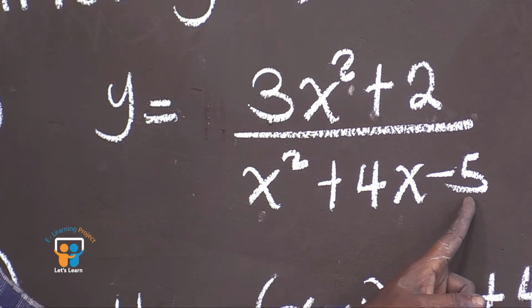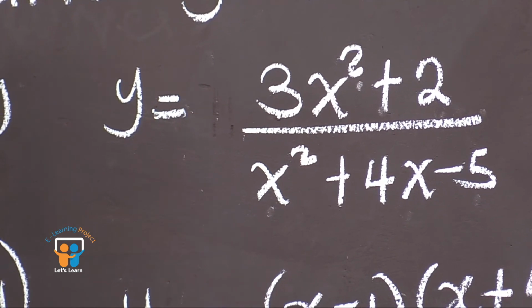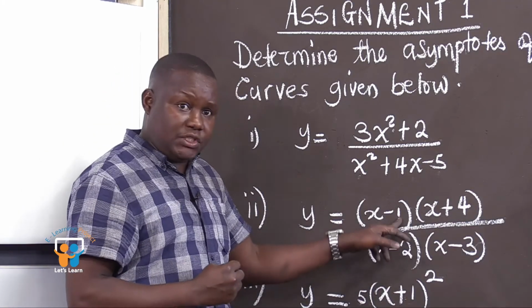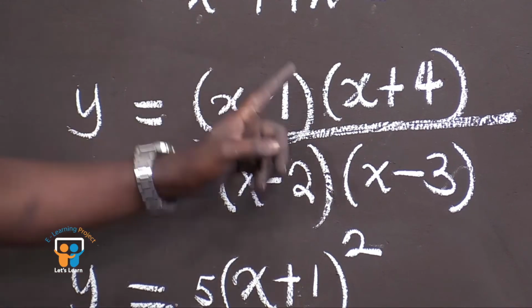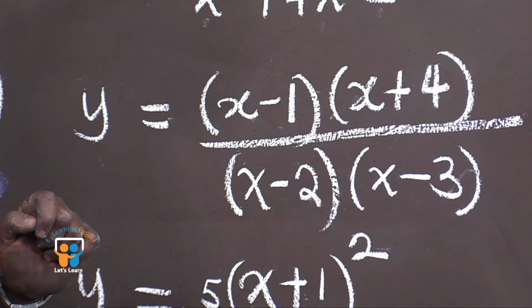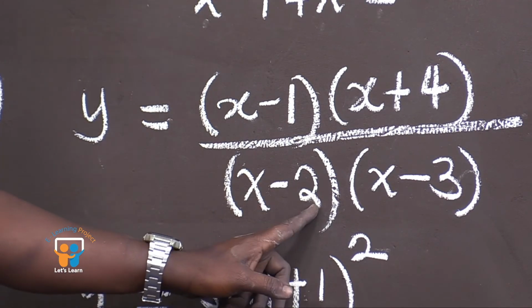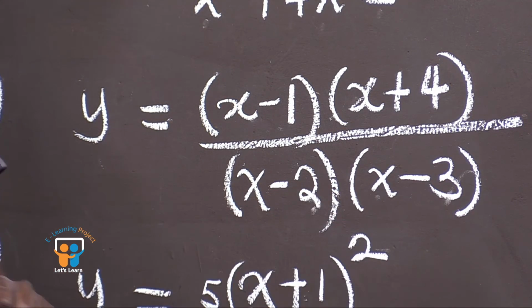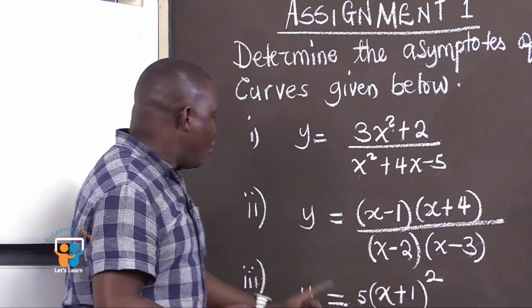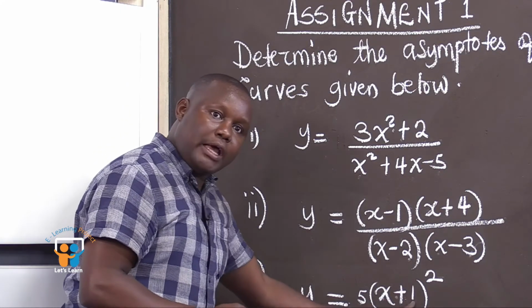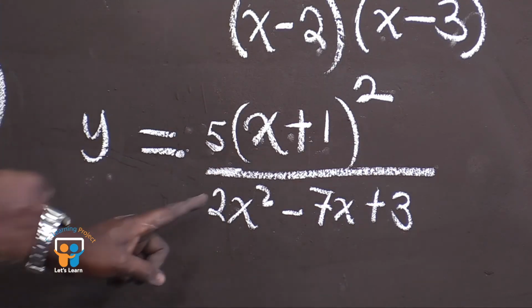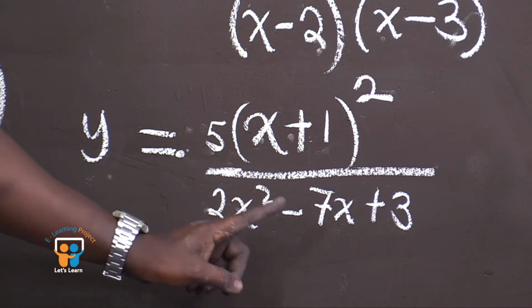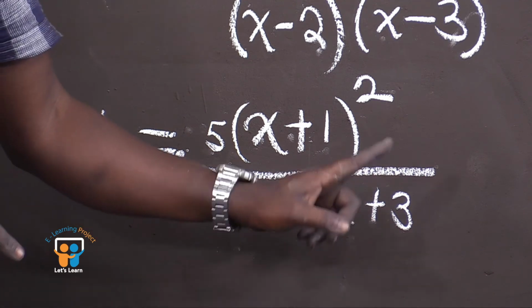Number 2, y equals x minus 1 into x plus 4 divided by x minus 2 times x minus 3. And the last number will be y equals 5 into x plus 1 all squared, divided by 2x squared minus 7x plus 3.